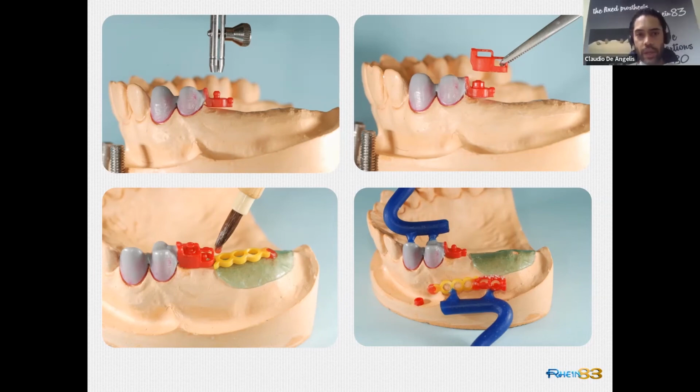So you place your attachment over the crown, you place the positioning ring, and on top of it, you place the castable housing.